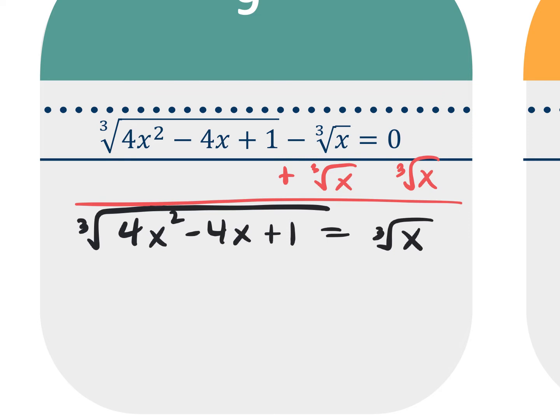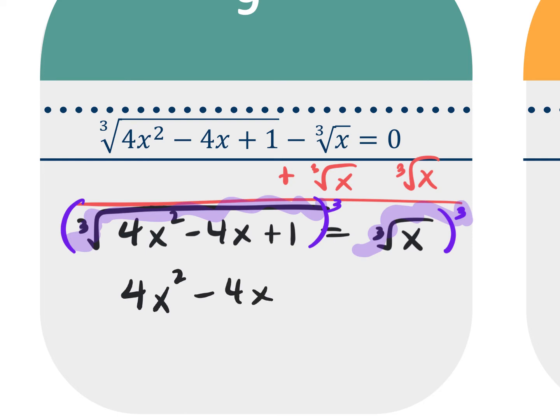So the little 3, the cube, is going to be my index. So in order to solve this, I have to raise both sides to the third power, and that's going to eliminate the radical on both. So it's canceling this radical. And now I'm left with solving 4x squared minus 4x plus 1 equals x.